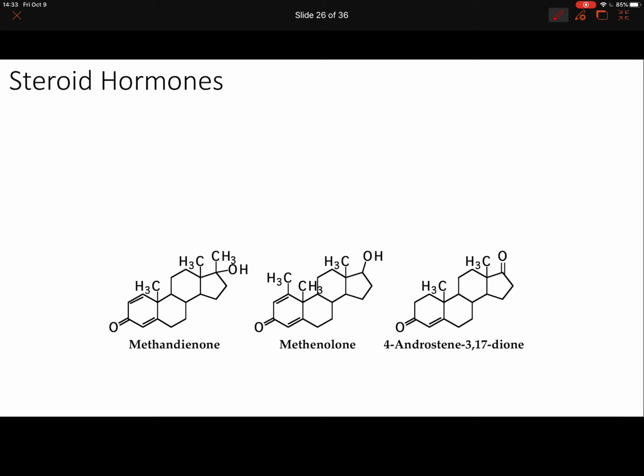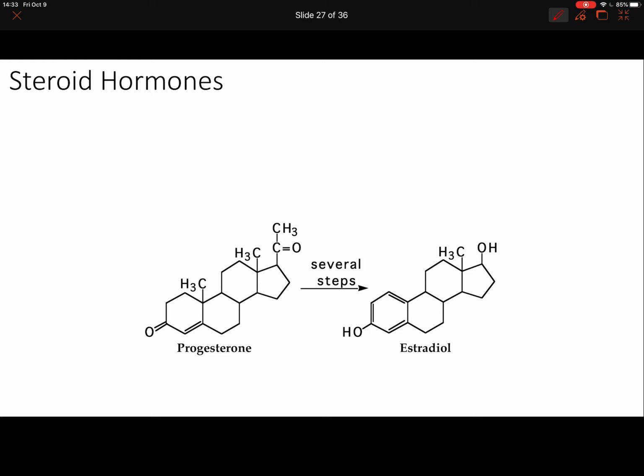These are synthetic anabolic steroids, but you can see by the structure why they are called steroids. Now, the female sex hormones are synthesized in the ovaries from progesterone, responsible for the development of female secondary sex characteristics, and they control the menstrual cycle. You can see here the similarities between progesterone and estradiol.